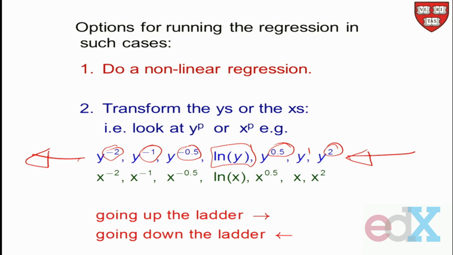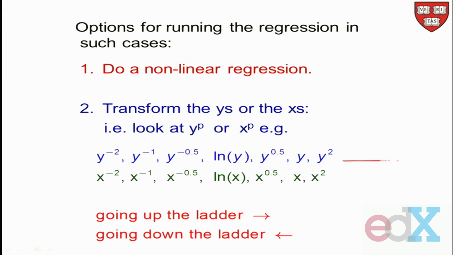By going in this direction, we make p positive and larger, and by going in this direction, we make p negative and smaller. So going to the right, we call going up the ladder, and going to the left, we call going down the ladder.